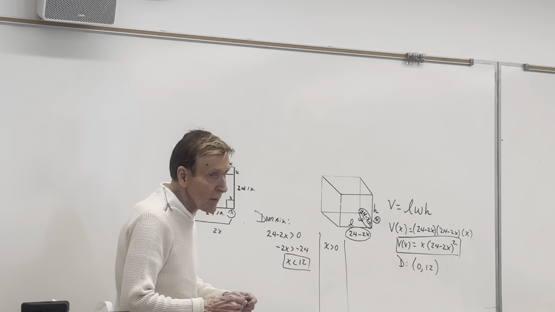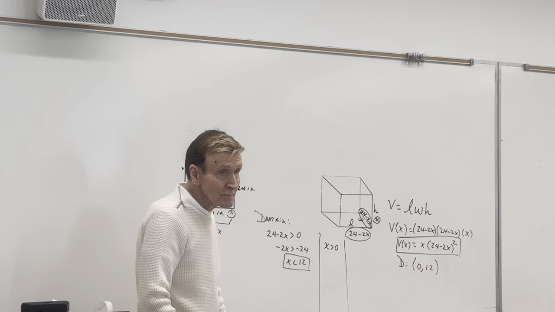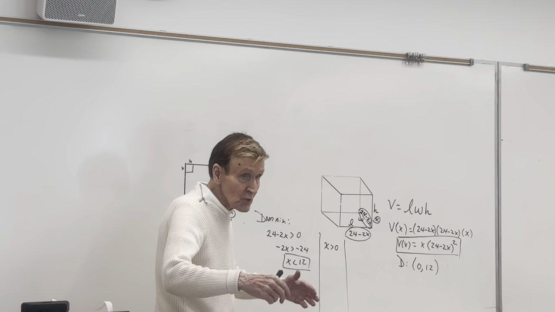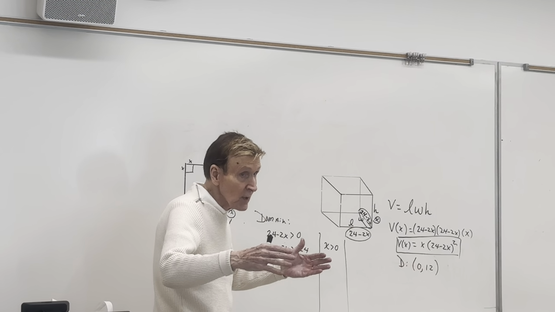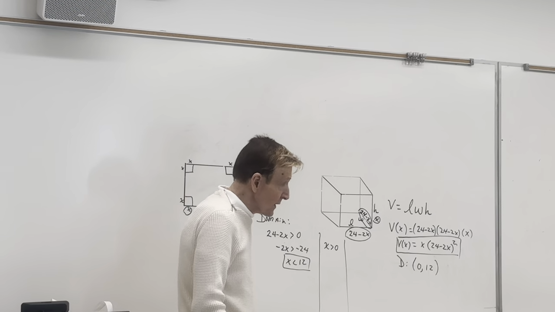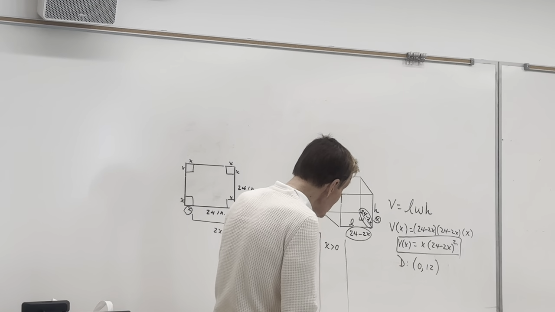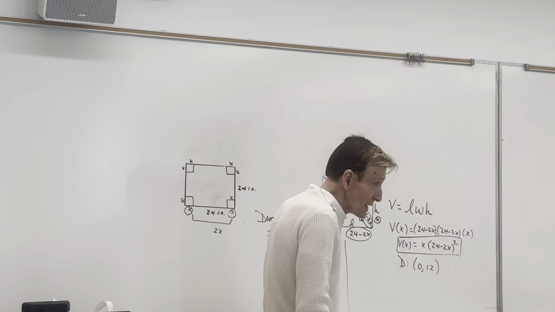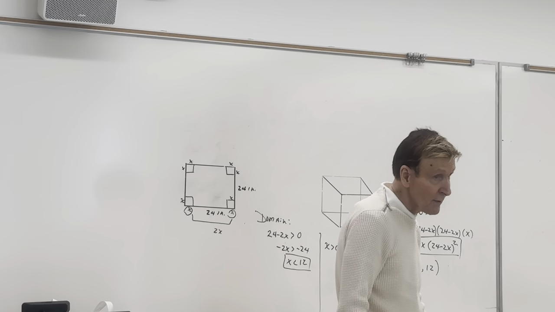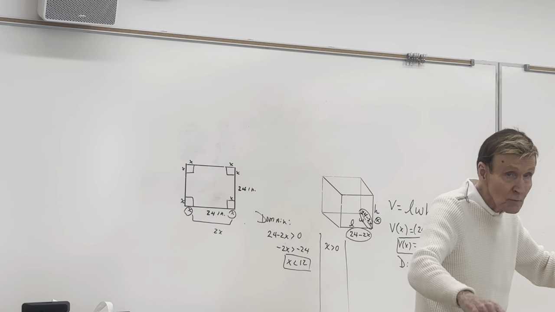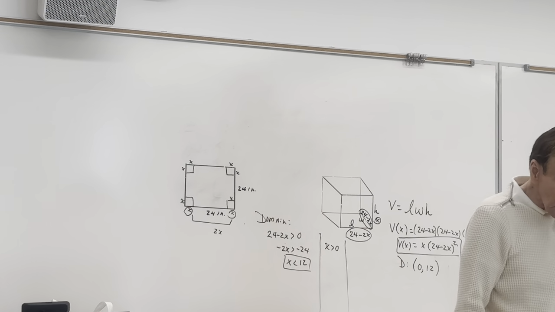That's your domain. Those are the only numbers you can use here, or you end up with a negative answer or something strange happens with your volume. You can't have a negative volume. So that's the restraint. That's your domain of that function. You replace x only from 0 to 12. In fact, you can't even use 0 or 12, if you're asked to find the domain.